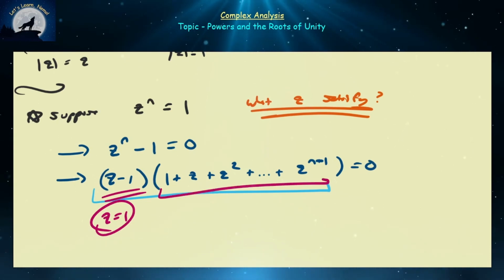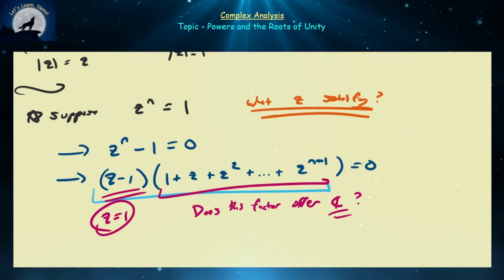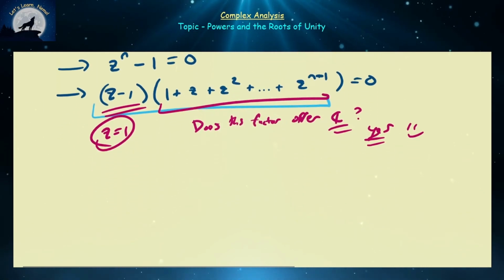But what about this? So does this factor over C? And the answer actually is yes. Right? You're actually going to have n minus 1 complex numbers that will satisfy that. So let's see if we can find what those numbers are without having to introduce any new machinery.